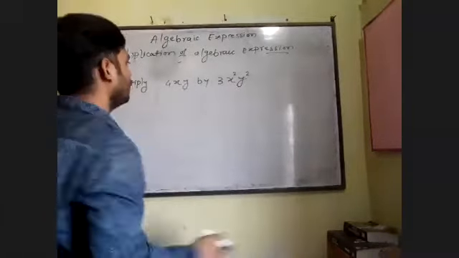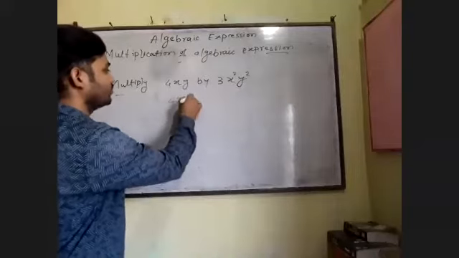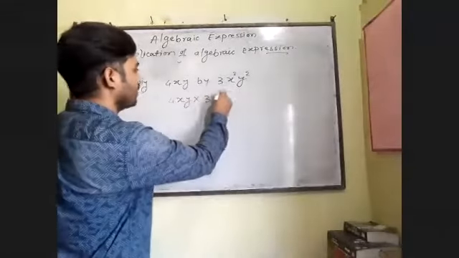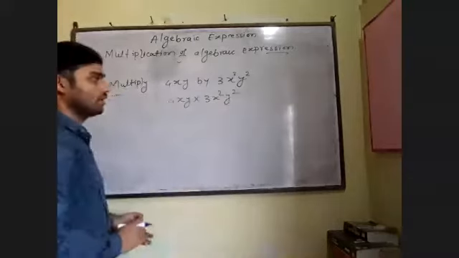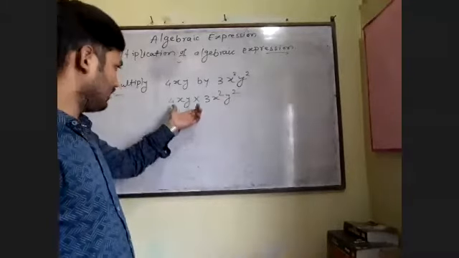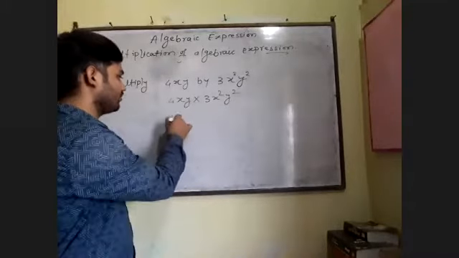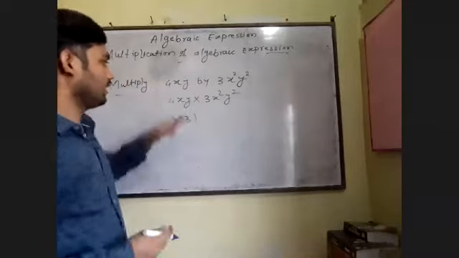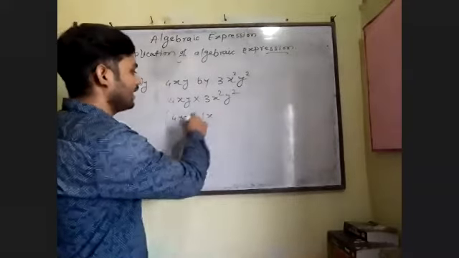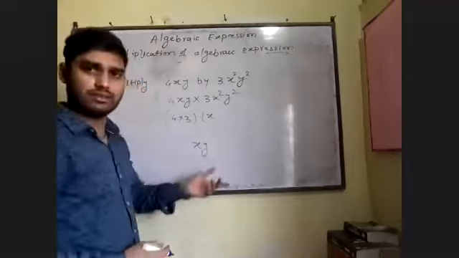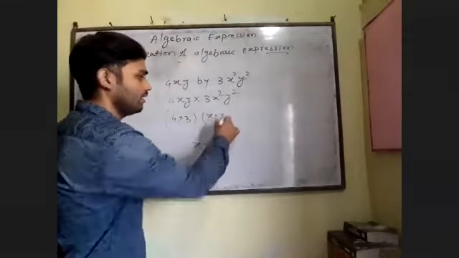Okay, let's see now. We have to multiply 4xy and 3x square y square. Right now I told you that we have to multiply their coefficients, so it becomes 4 into 3. Now here it becomes xy. Break it, it can be written as x into y.